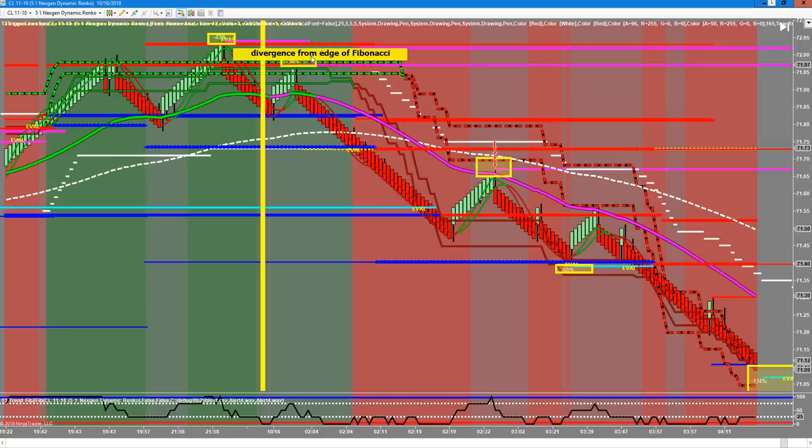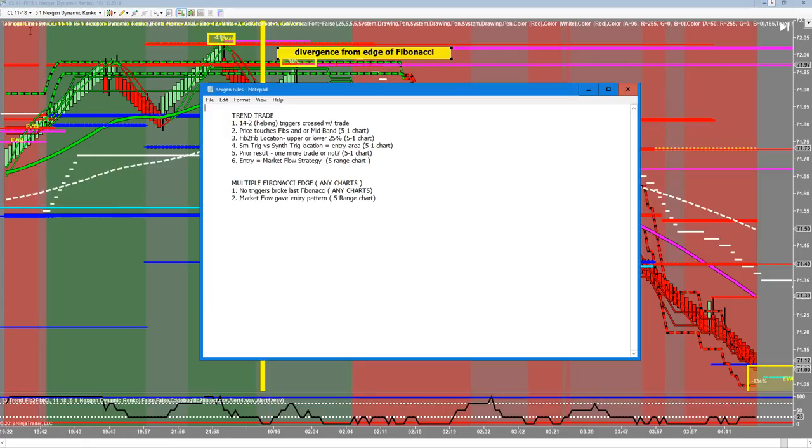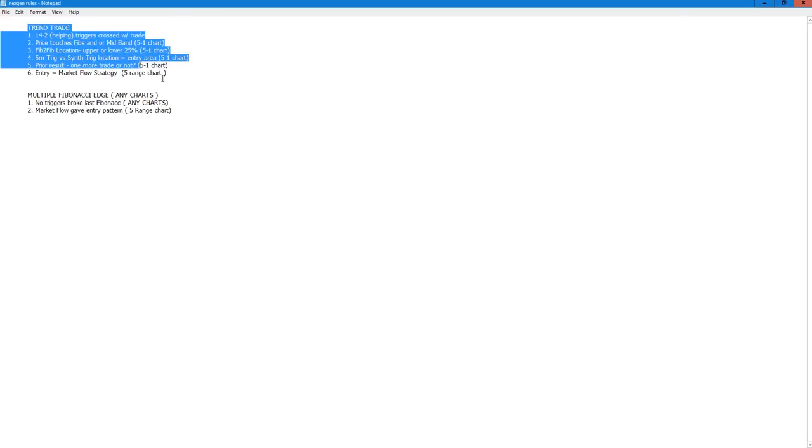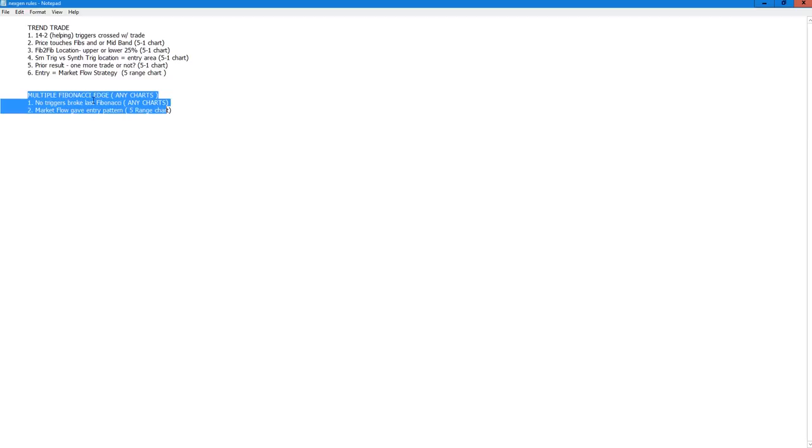I'm not trying to convince you to be a counter trend trader, but half of the trades that we do are counter trend trades. There's only two types of trades we do, guys. We've always said the exact same thing. This is what's in the plan. You can trade with the trend with everything going your way, or you can trade against the trend at the edges with fibs with the market flow.